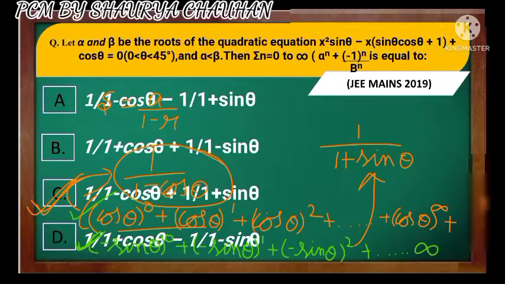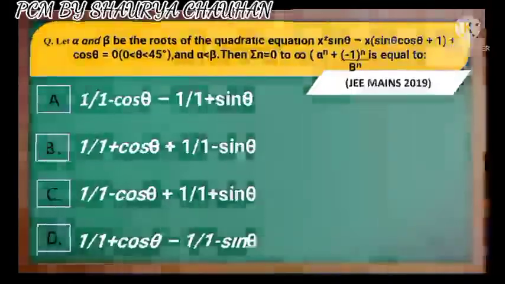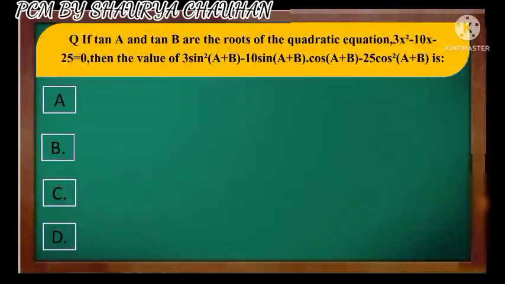Now let's carry on to the next question. So here's the next question. If 10a and 10b are the roots of the quadratic equation 3x square minus 10x minus 25 equals to 0, then the value of 3 sin square (a plus b) minus 10 sin (a plus b) cos (a plus b) minus 25 cos square (a plus b) is.